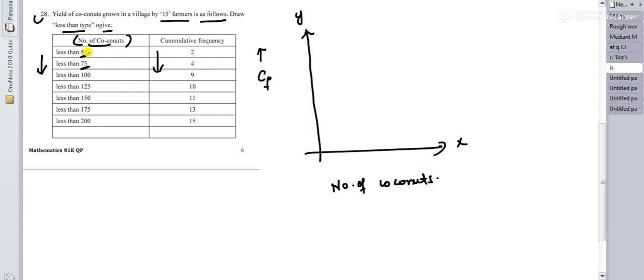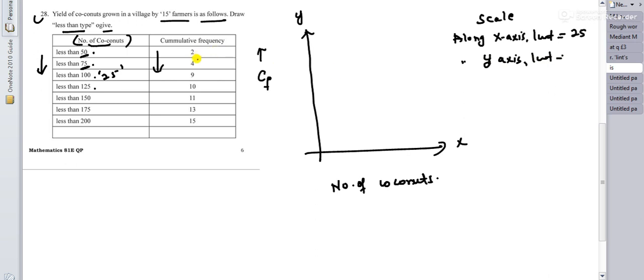If you look at this, the values are 50, 75, 100, 125. What is the gap? It is 25, correct? Gap between two numbers is 25. So you have to write scale here along. This is very important. X-axis, you are taking one unit as how much? 25, right? And along y-axis, you are taking one unit as how much?